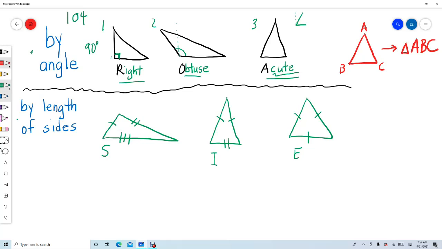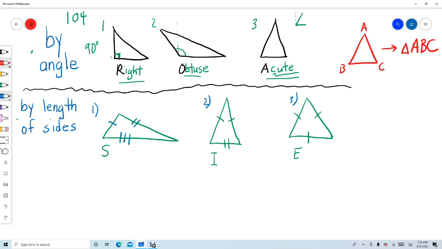Now, if we're looking at the sides of a triangle, there's also 3 categories. If you look at triangle 1 here on the bottom, this triangle has sides which are 3 different lengths. So side 1 is different than side 2, which is different than side 3. And those hash marks don't refer to side 1 and 2 and 3.